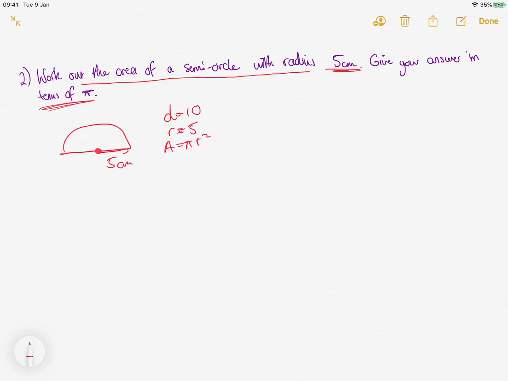Area, if it was a whole circle, is pi r squared. But I know it's a semicircle, so anything to do with the area, I can just divide by 2 at the end because it's only half of a whole circle. So the area in this case is pi times 5 squared. 5 squared is 25. Then I know it's a semicircle, so I've got to divide that by 2.